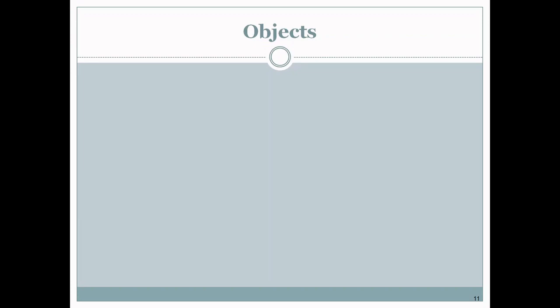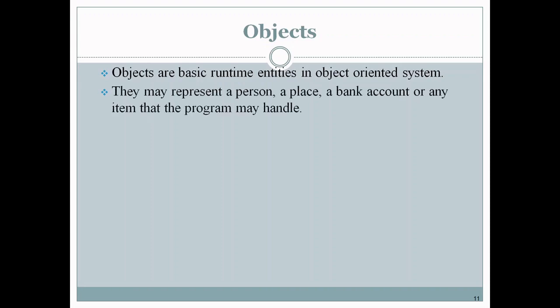So what is this object that we will study here? Objects are basic runtime entities in an object-oriented system. These basic runtime entities may represent a person, a place, a bank account, or any item that the program may handle.